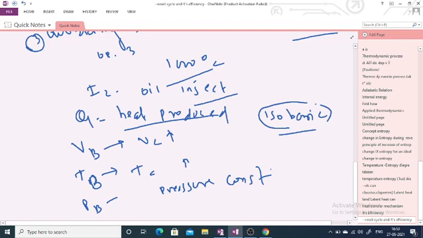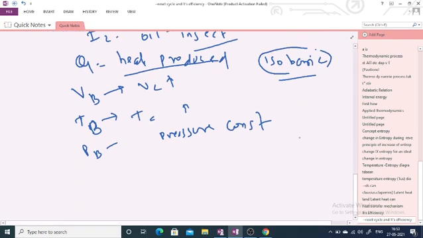Once the heat is absorbed, the temperature increases, reaching a maximum value of about 2000 degrees Celsius.